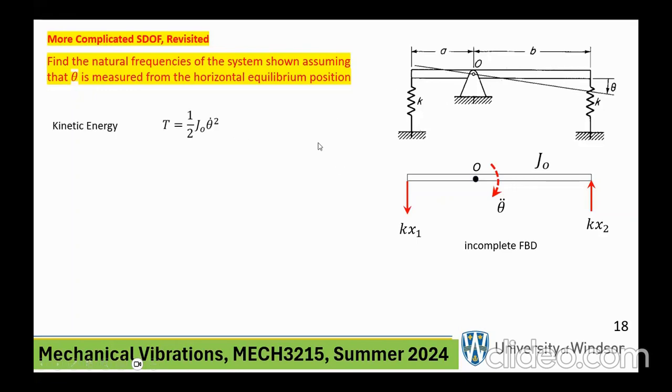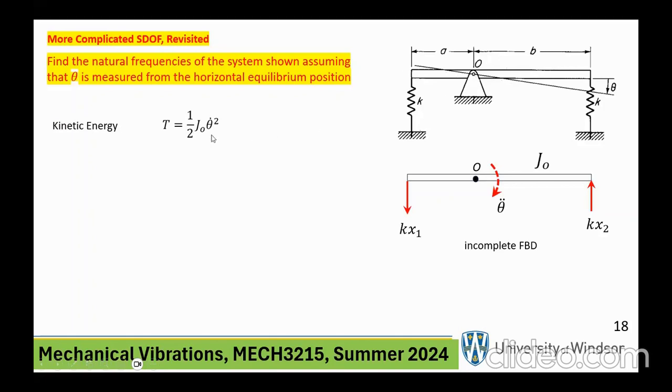First of all, the thing that has kinetic energy is this rod that is turning about the point O. So we know that the kinetic energy of it is 1/2 of mass moment of inertia about the point O times angular velocity squared.